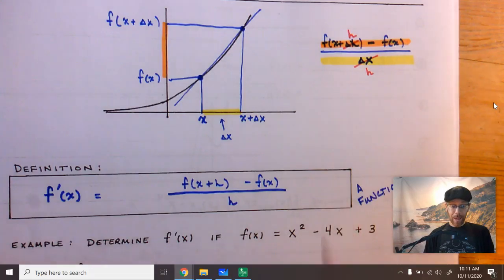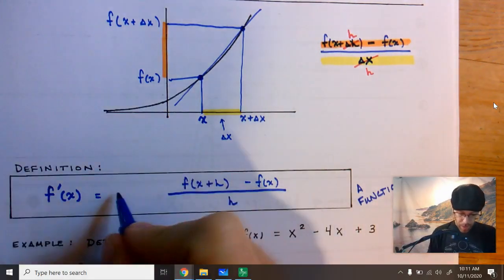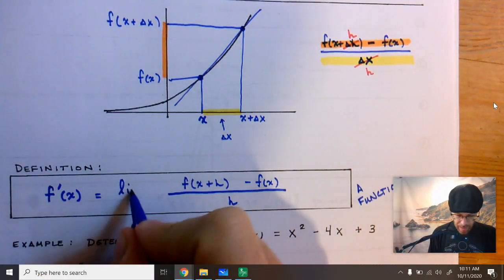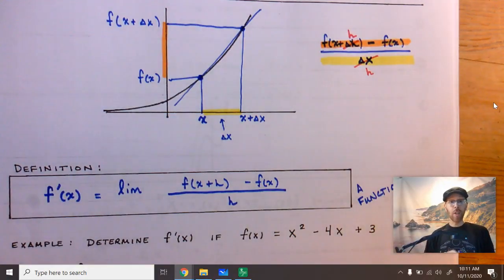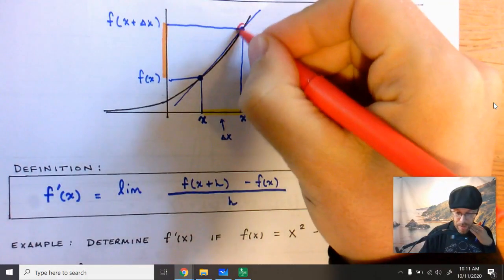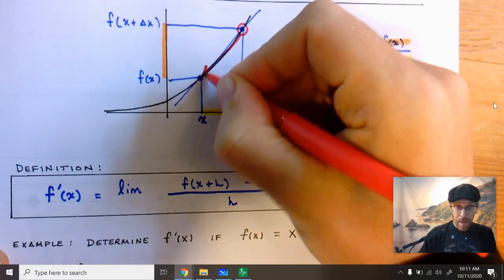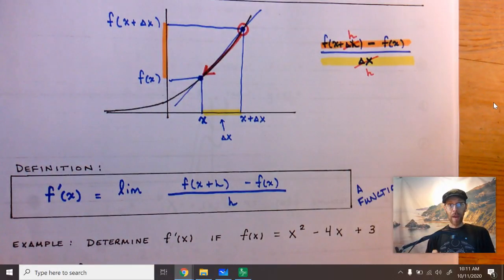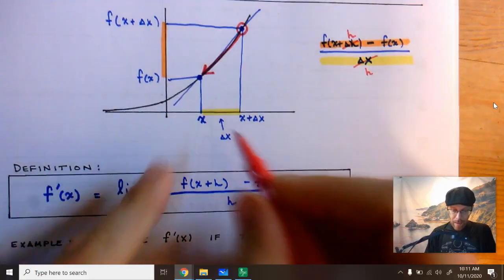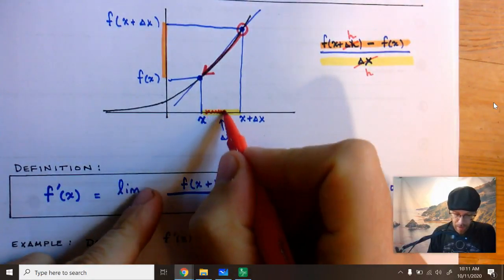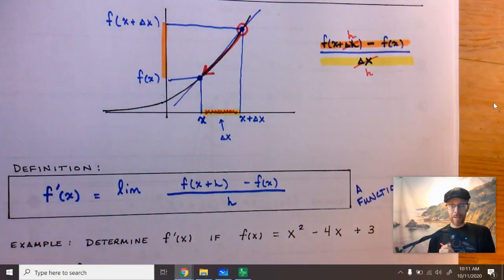The way that we get the actual derivative is also like the other one, by taking a limit. And just like the other one, we have to take the point that's up here and we have to drag it back towards here. Now, the way that we do that is by making this interval right here as small as possible.